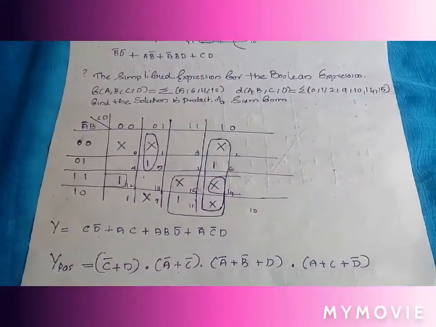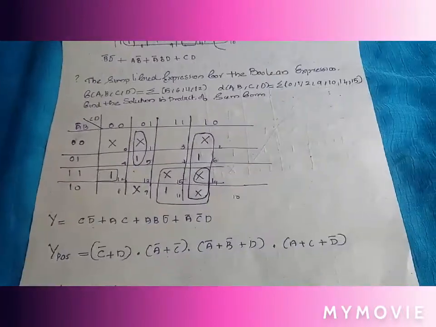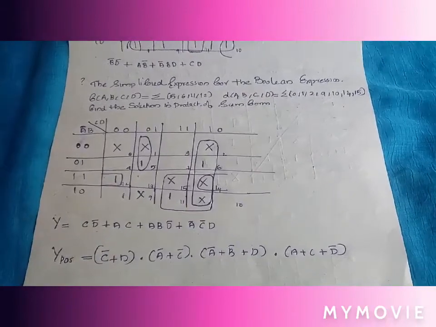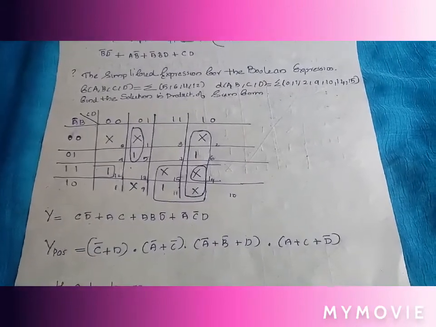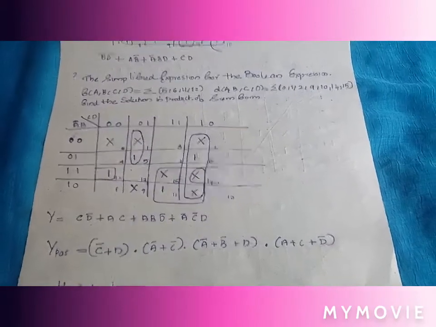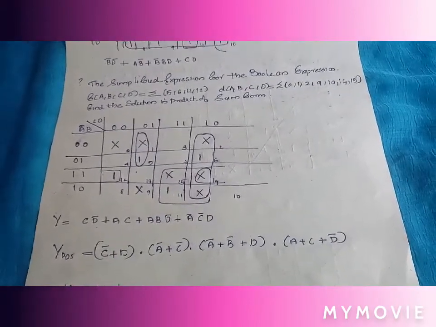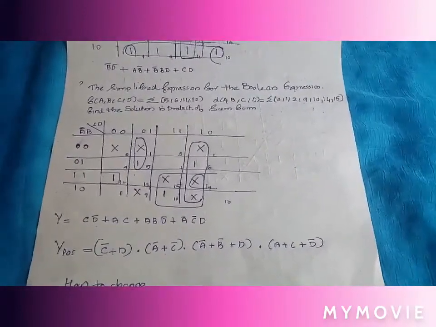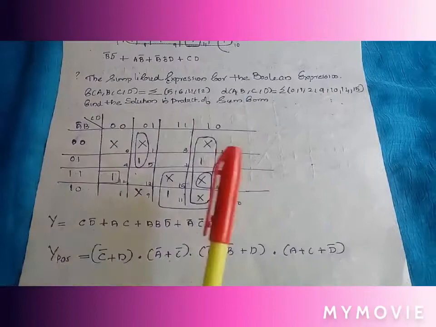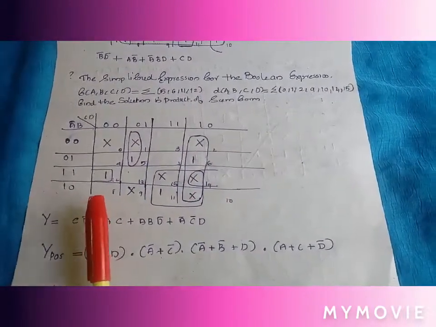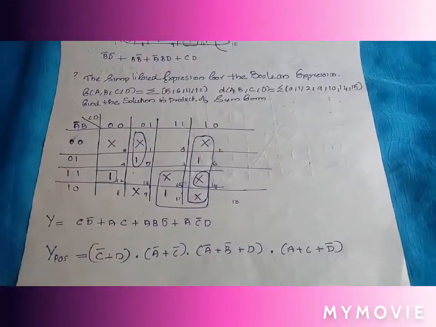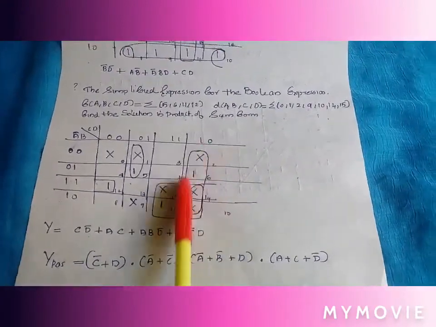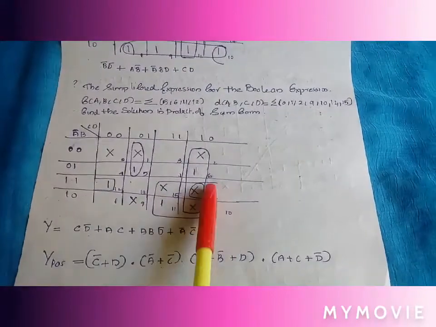Consider this question: the simplified expression for the Boolean function f of ABCD is equal to the summation over 5, 6, 11, 12, and d of ABCD is equal to 0, 1, 2, 9, 10, 14, 15. We represent the ones and don't cares in the K-map diagram, and we get x, x, x here. Here there is no element, so we didn't get a corner quad. Here there is a 1 and 3 don't care conditions, so we can make a quad, and here also a quad.